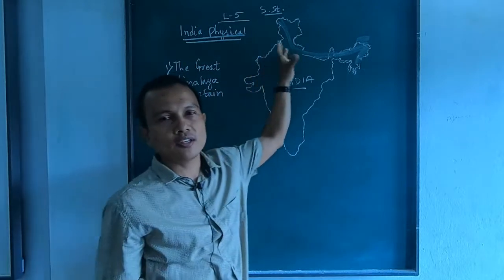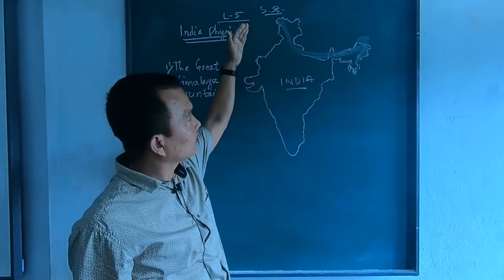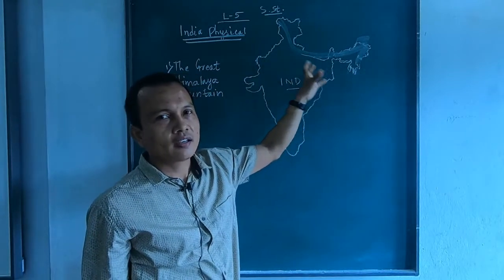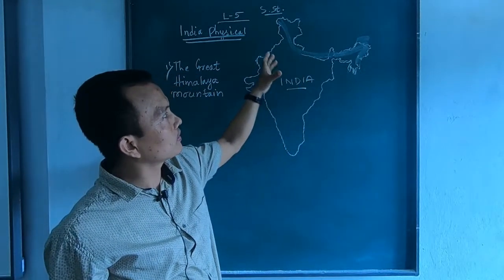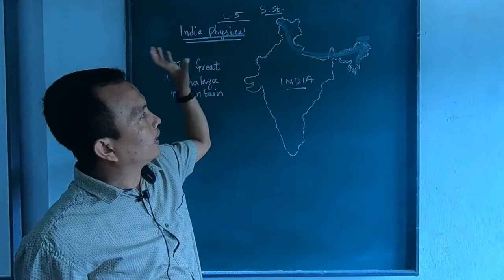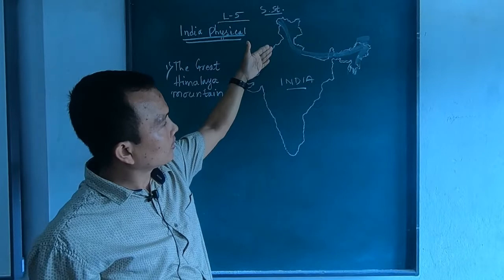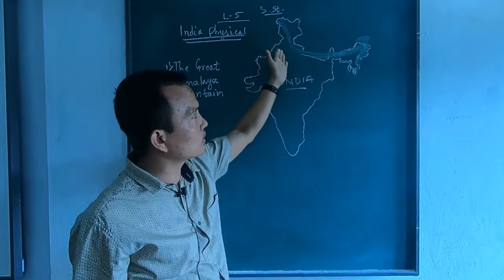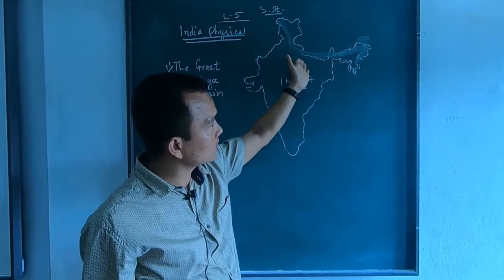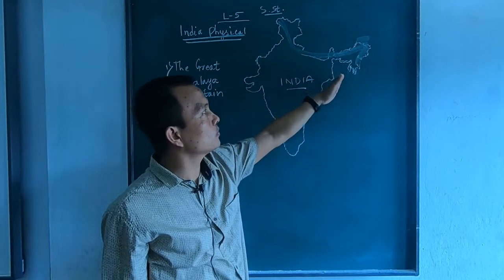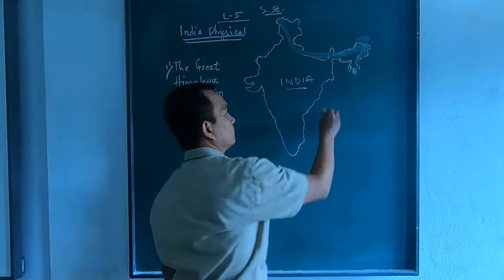So what can you see here? Himalaya is a snow-covered mountain. It is covered with snow throughout the year. And there are some rivers which flow downwards towards the mainland, and it drops into Bay of Bengal.